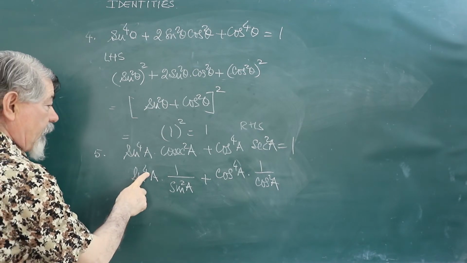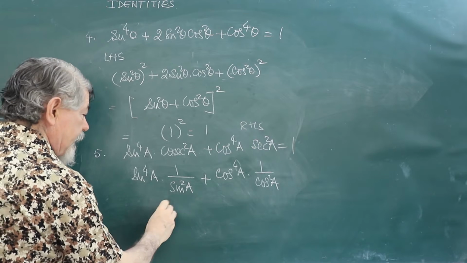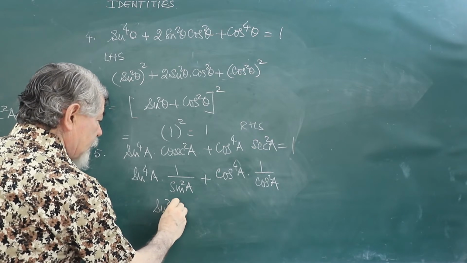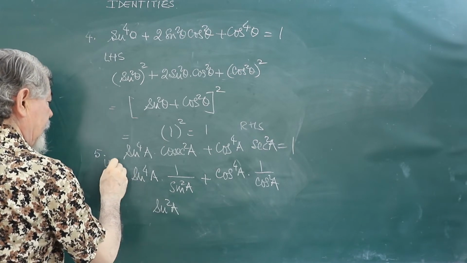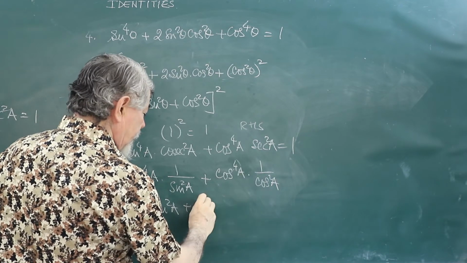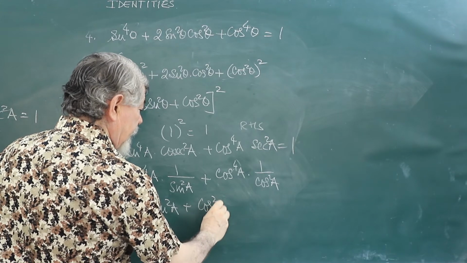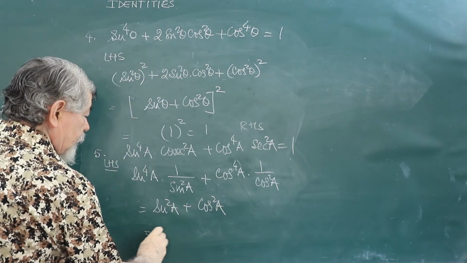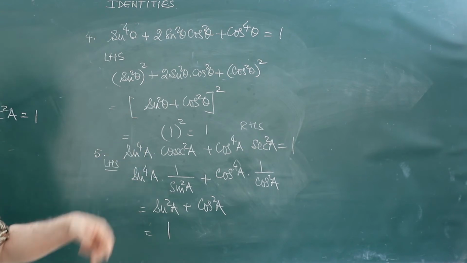Now it is sine to the power 4a and sine to the power 2a, so it will remain sine square a, plus here cos to the power 4, cos to the power 2, so cos square a. So sine square a plus cos square a, 1. That is what we had to prove.